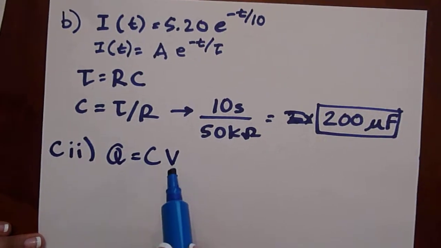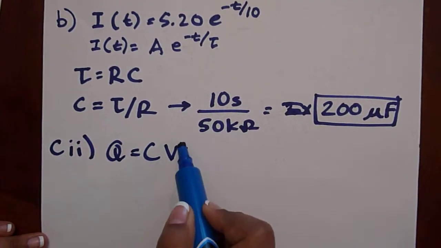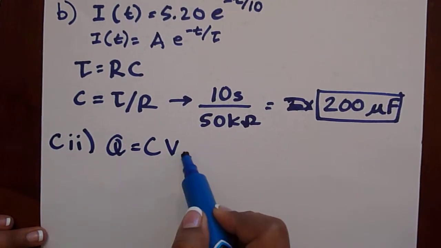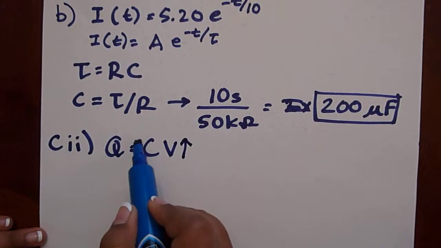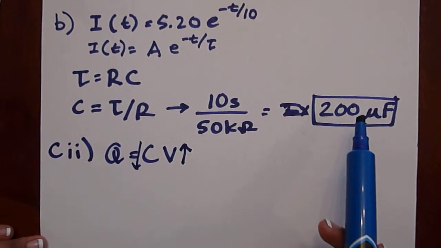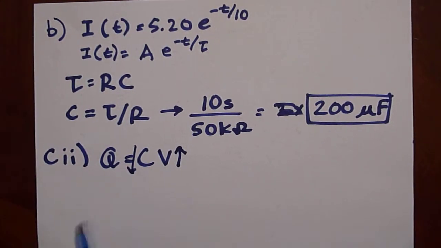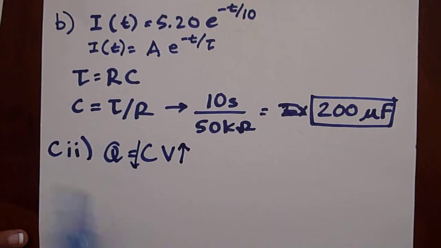If the actual voltage is higher, so V goes up, then C must go down. The value we've calculated here is a bigger value than what is actually going on in the circuit, taking all the resistance into account.